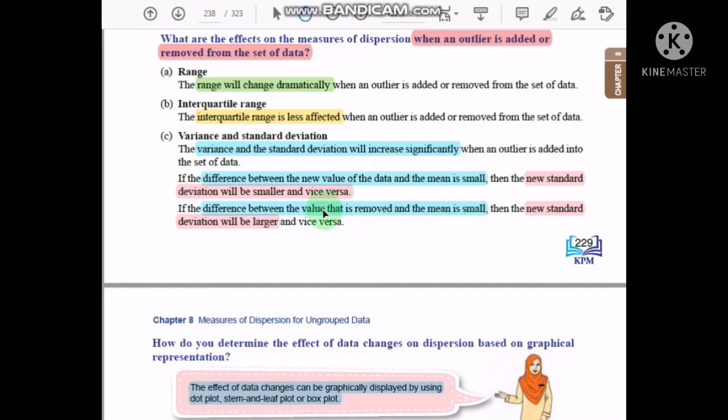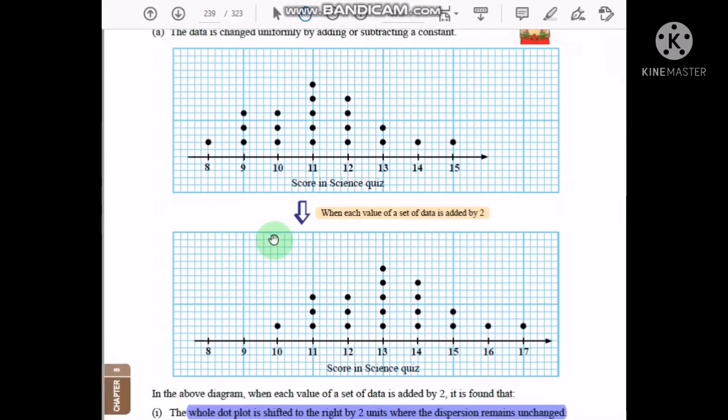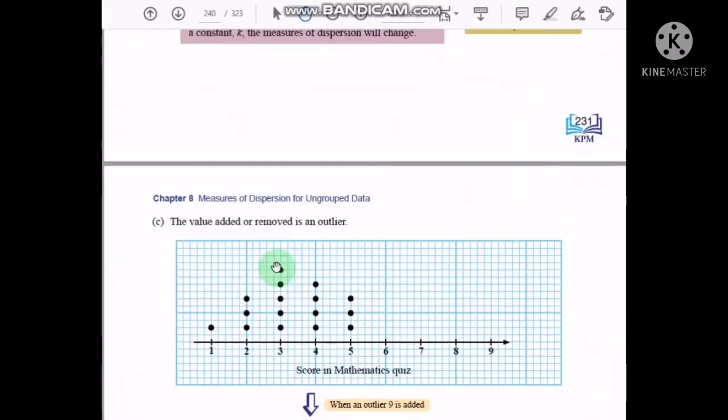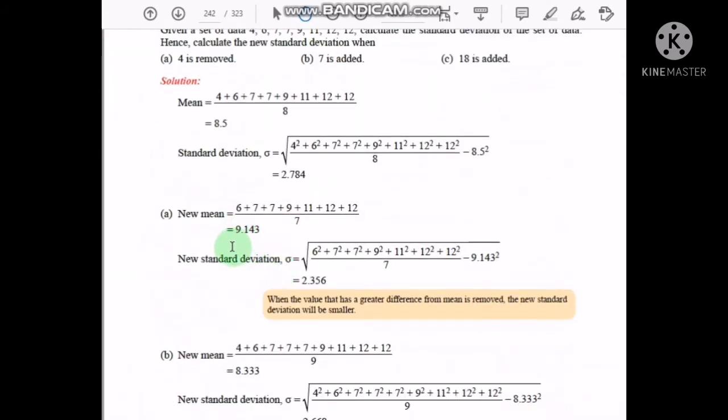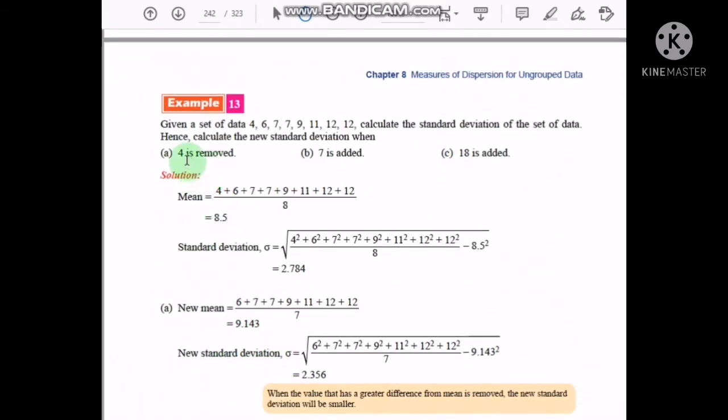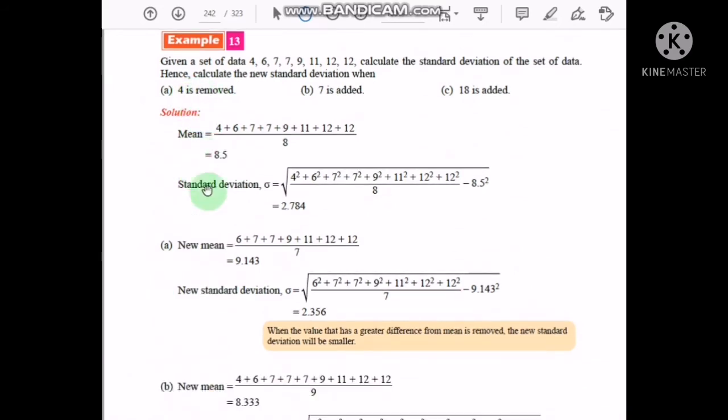Jika perbezaan antara nilai yang dibuang dengan mean tu kecil, maksudnya new standard deviation akan menjadi besar. Okay, let's ingat benda tu. And then kita pergi pada example tadi. Look at A. 4 is removed, right?